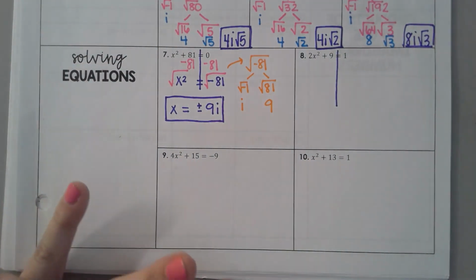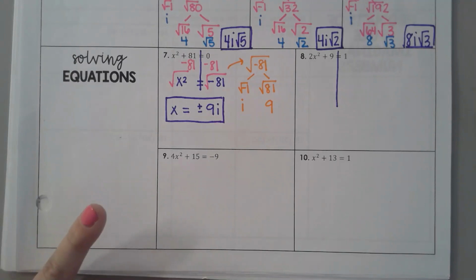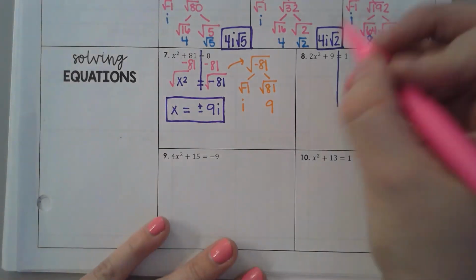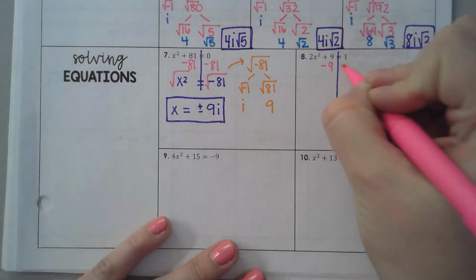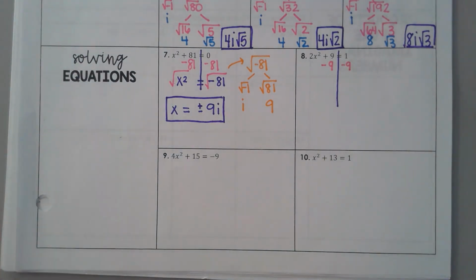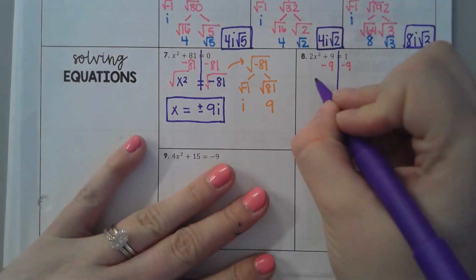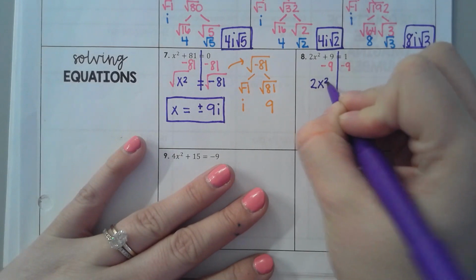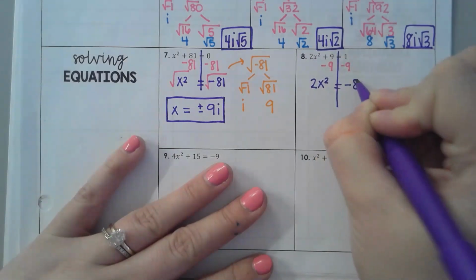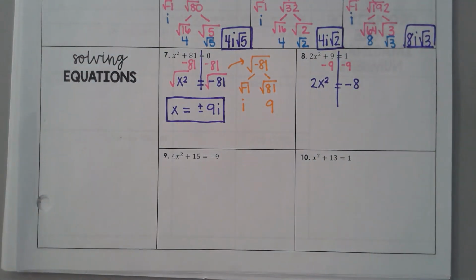So let's go to number 8. What should I do first? Subtract 9, which gives me 2x squared equals negative 8. Then what?